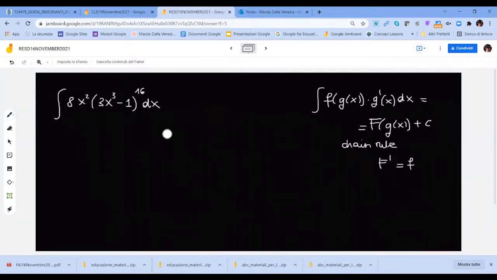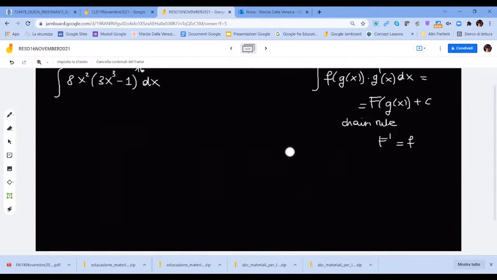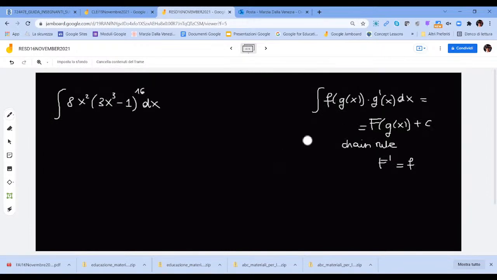So you have only to recognize what is the function, what is the argument g, and if there is the derivative of the argument as before. But this kind of integrals maybe is not so immediate, but what is this kind of function? It is the power of something, okay? So in this case, you have that this kind of integral is raising to the power of 16.